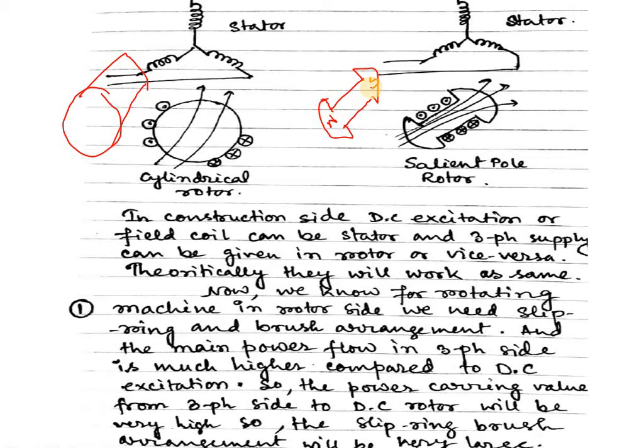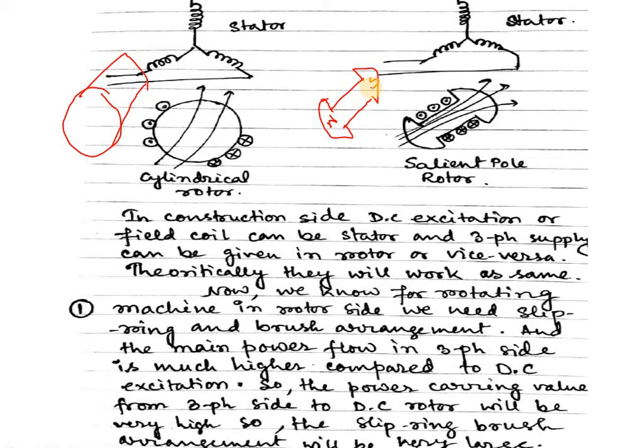That means whenever we give three-phase supply in the rotor, definitely the DC excitation we have to give in the stator, or vice versa. Now we know that for a rotating machine, on the rotor side we need slip ring and brush arrangement, and the main power flow in the three-phase side is much higher compared to DC excitation. So the power carrying value from the three-phase side to the rotor will be very high, so the slip ring brush arrangement will be very large.